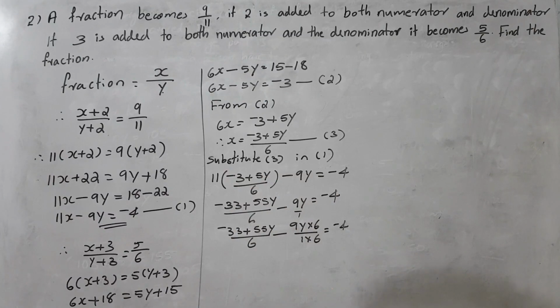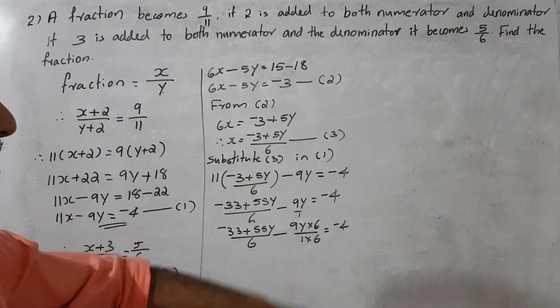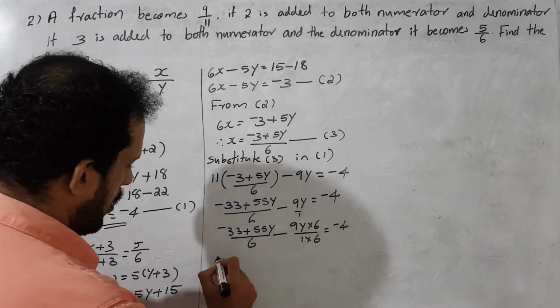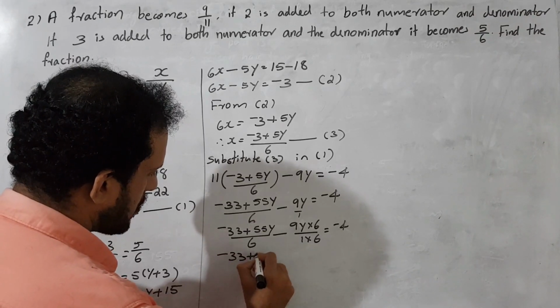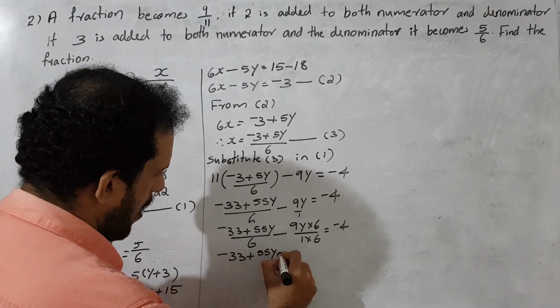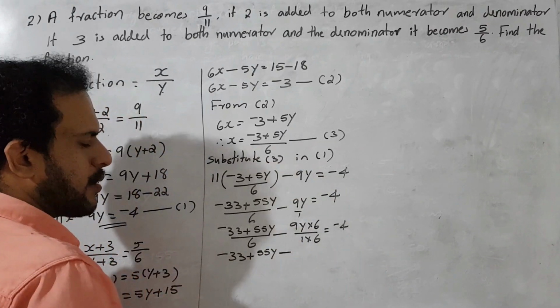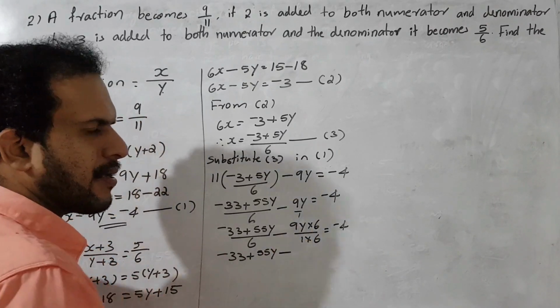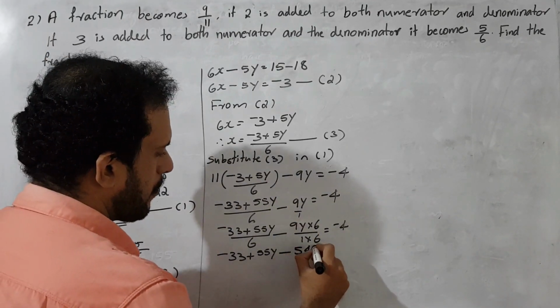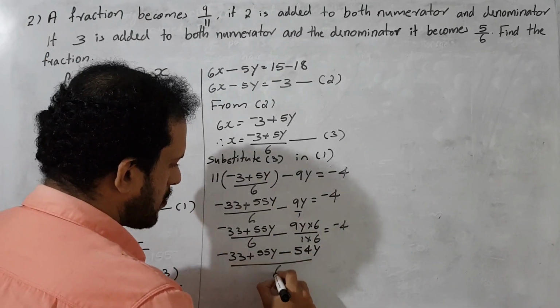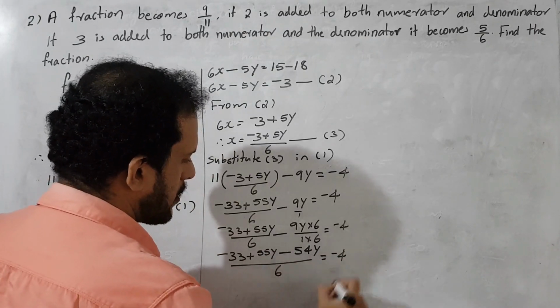Correct? So now the denominator is equal. 1 into 6 is 6. So we do the work on the numerator: minus 33 plus 55y minus 9y into 6. What is 9y into 6? That is 54y, by 6 is equal to minus 4.